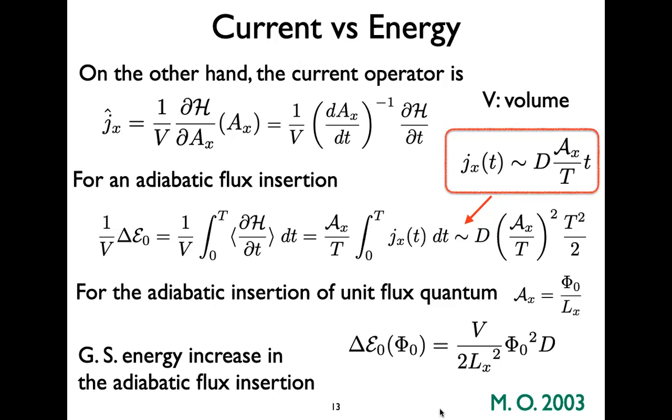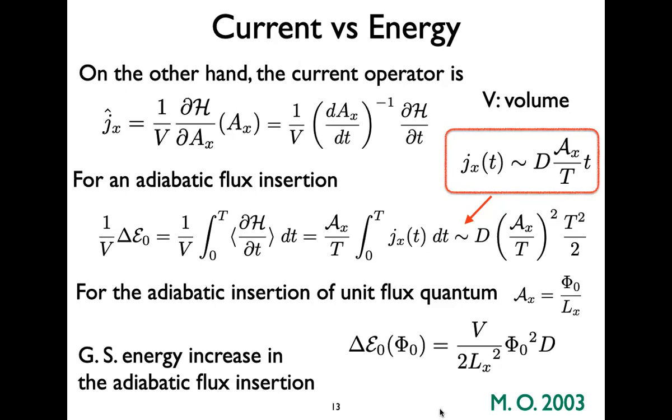On the other hand, on the left-hand side, you have the integration over the current from t equals 0 to capital T. But as I said, when you consider the adiabatic process, you can replace this current by the Drude weight times the vector potential. Then you can do this integration explicitly.